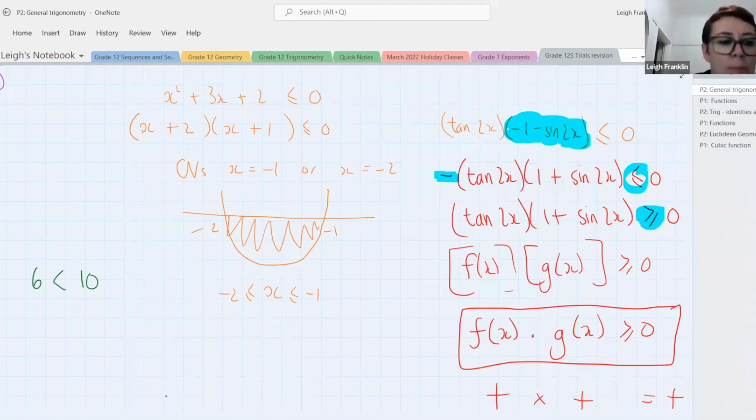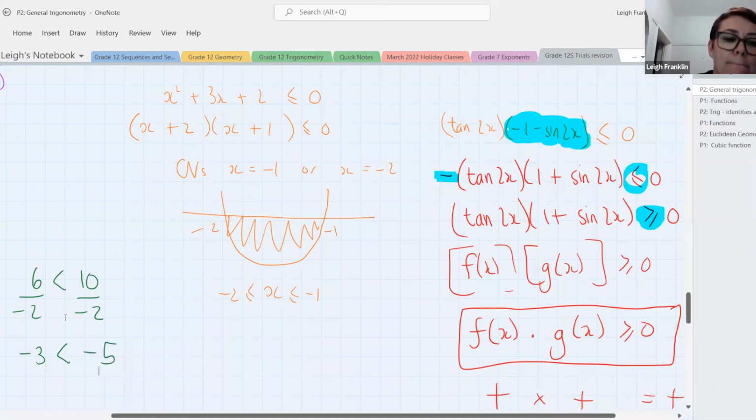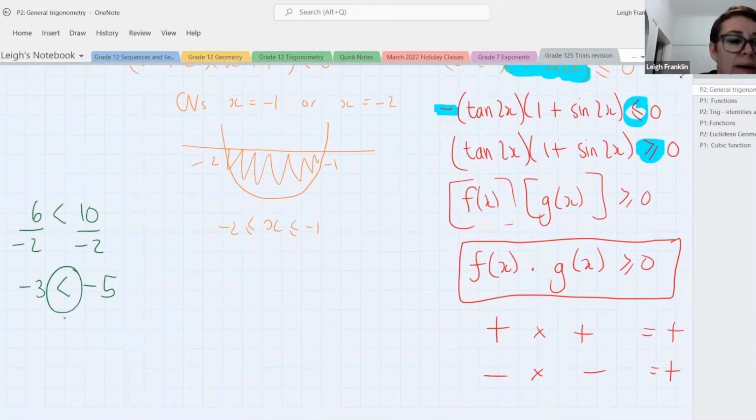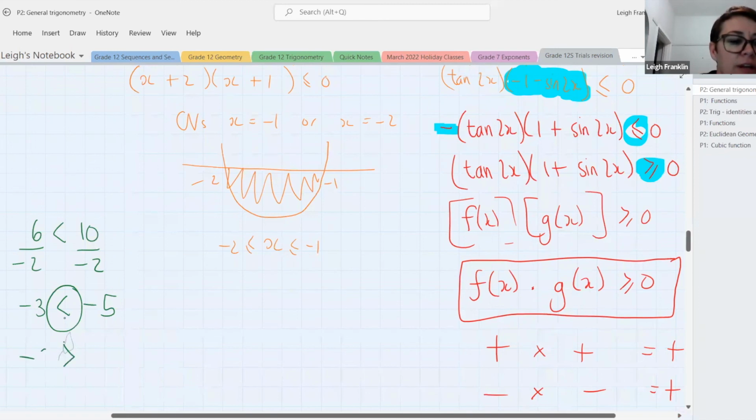But now if I divide both of these numbers by negative 2, I'm saying negative 3 is smaller than negative 5. Is that true? No, it's not. And that's why when you divide by a negative, the sign has to change around.